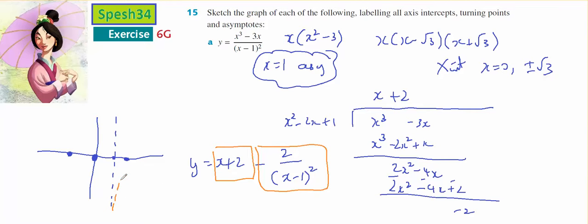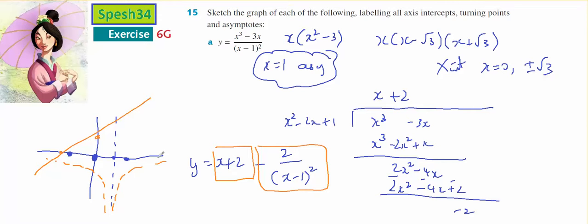So I've got a truncus that looks like this, and this going through at 2, negative 2. So I'm adding these two things together.